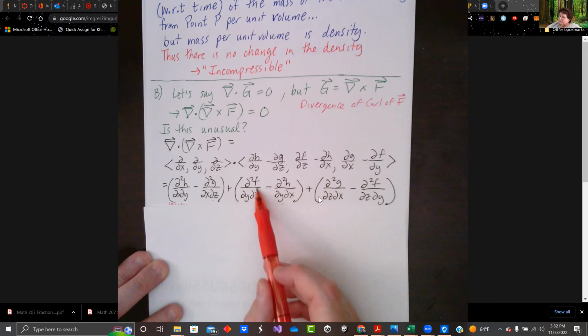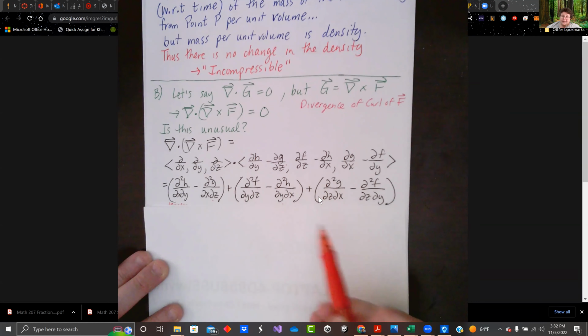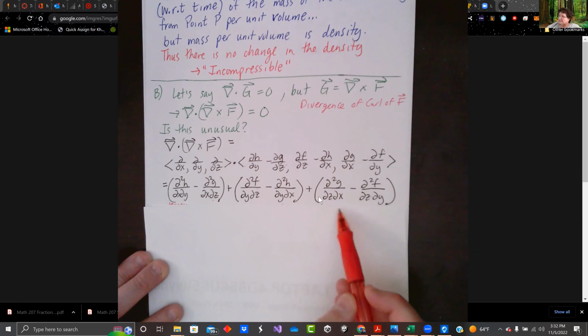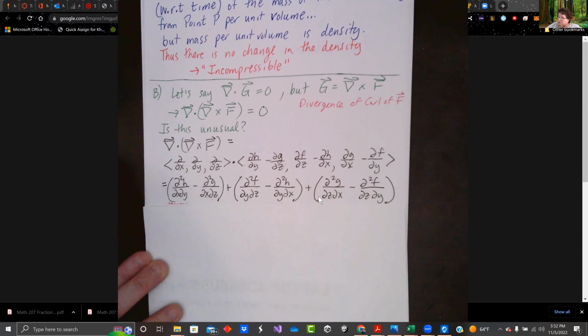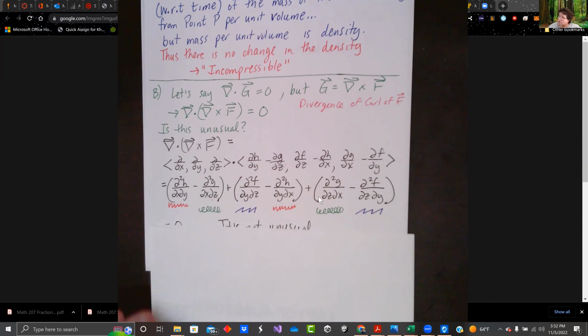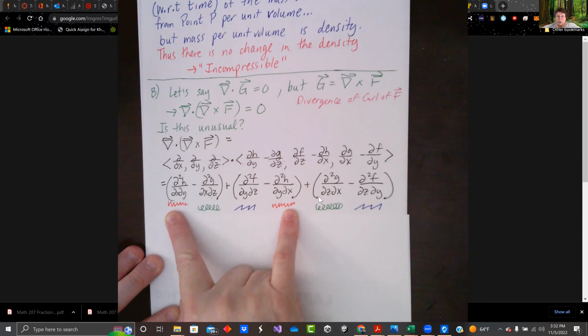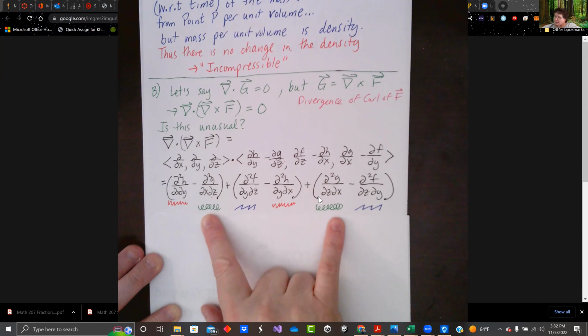So second derivative of f with respect to y and z, minus the second derivative of h with respect to y and x, and then the second derivative of g with respect to z and x, minus the second derivative of f with respect to z and y. Remember, with Clairaut's theorem, these were interchangeable. So these two are the same value. One is positive, one is negative. They zero out. The green ones, I've got G is x and z.